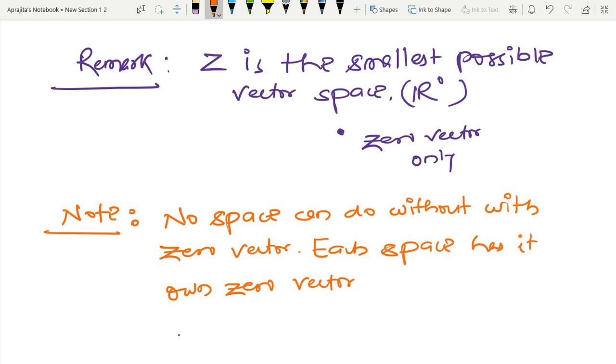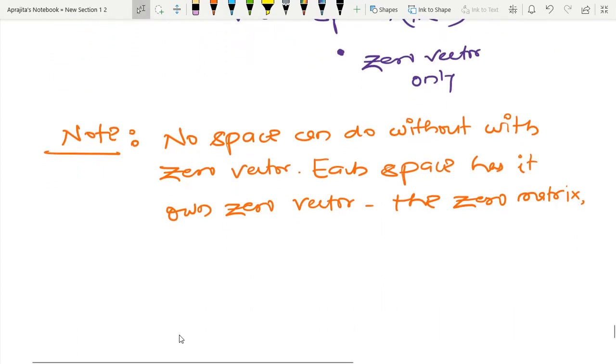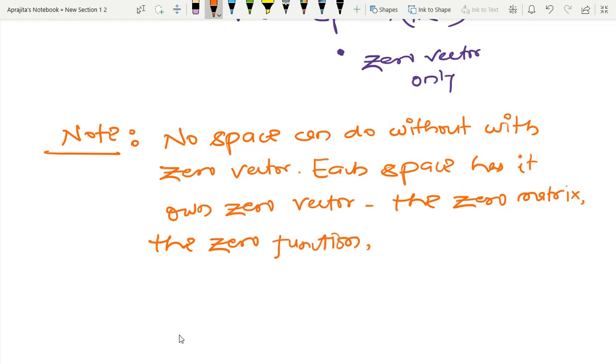For example, in case of matrices the zero vector is the zero matrix, in case of function space the zero function, and in R3 the vector that is denoted by 0 0 0.